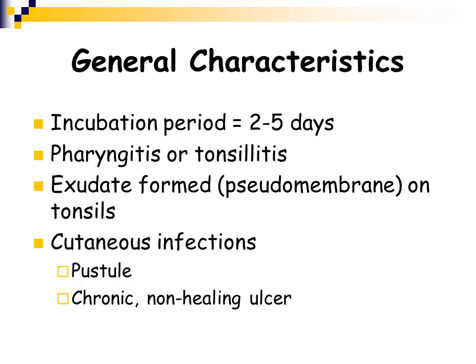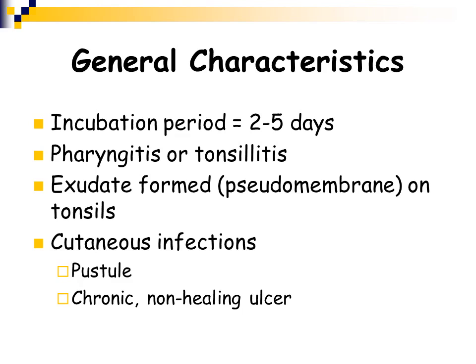The general characteristics of Corynebacterium diphtheriae are that the incubation period is between 2 and 5 days, and the incubation period is the period from the time that the organism gets into the body to the time that symptoms develop.